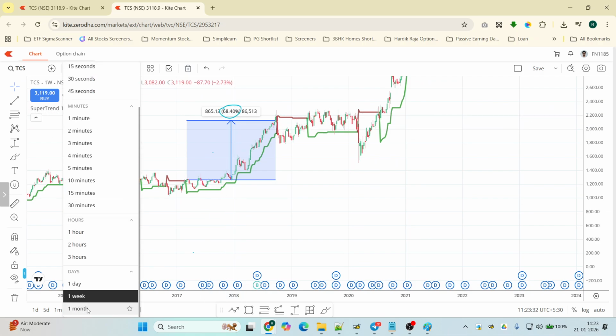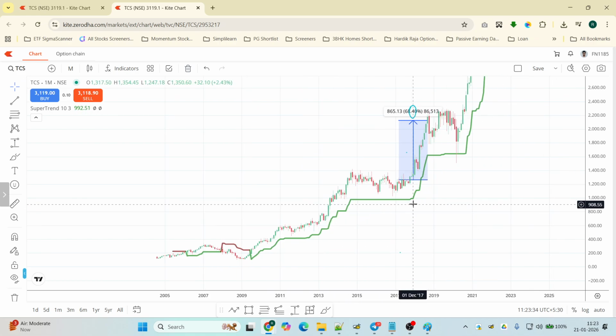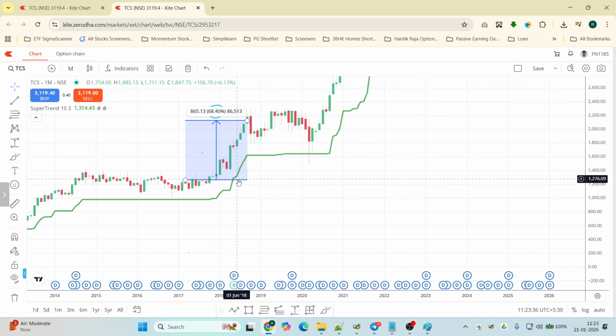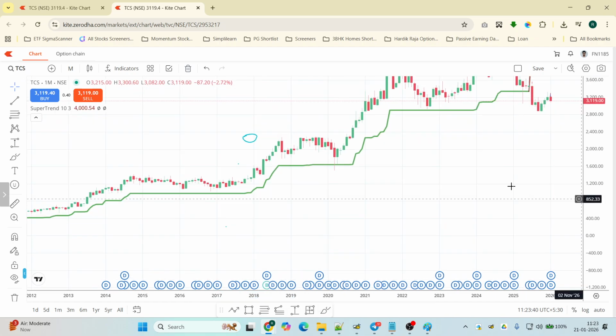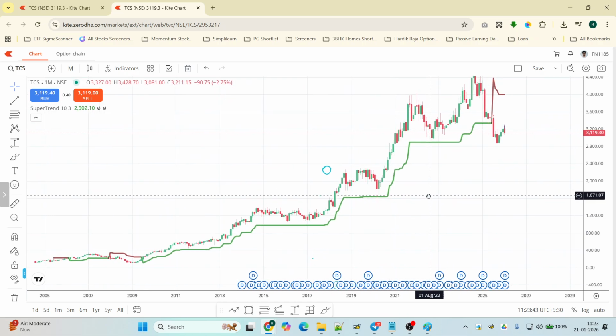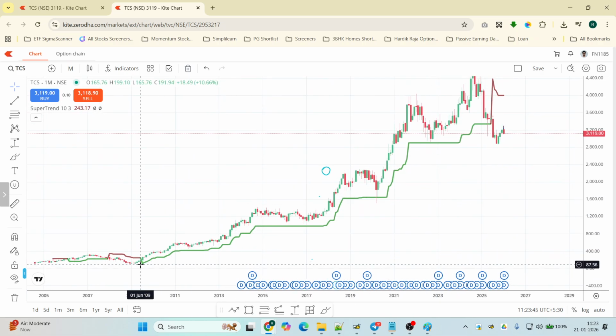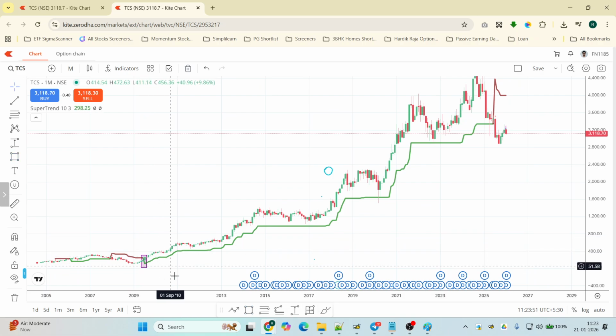If I go to a still higher time frame, a monthly time frame, which you can use for investment purposes, I'll now show you the power, guys. See, super trend has changed color here, somewhere around this level.